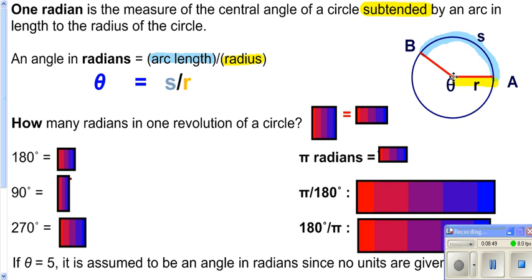Your radius is, of course, going from the center out. And the measure of your angle is what we're talking about, the measure of this angle here. Now, whenever you see subtended in your book for your homework or on your review or on your test, think, oh, definition of a radian, just go arc length over your radius.